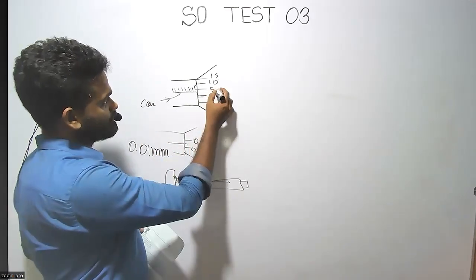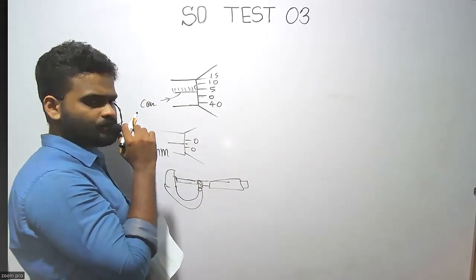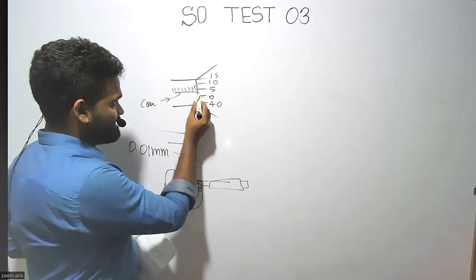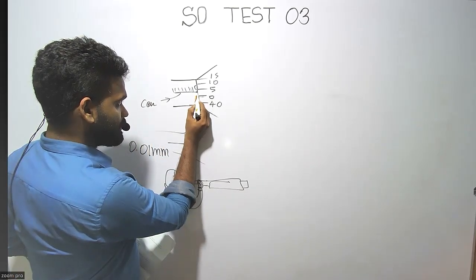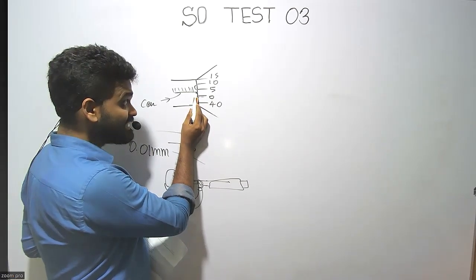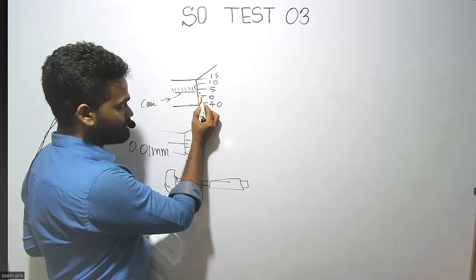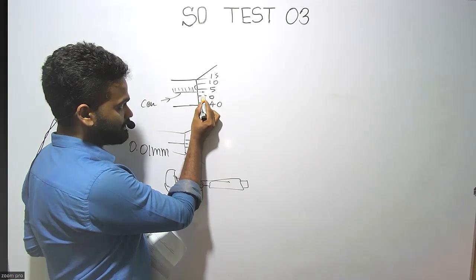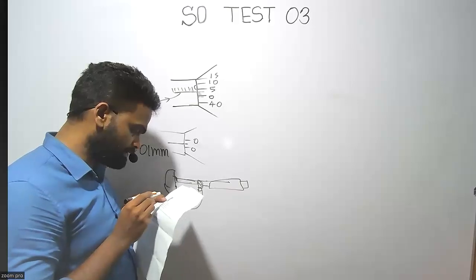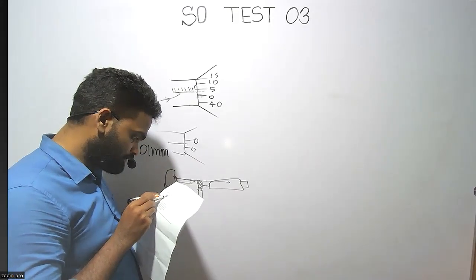Then this is what you have to do to figure out the 0 error. Measure with respect to this center line. So what is the point that coincides with the center line? Which division? 1, 2, 3. You can clearly see 1, 2, 3.